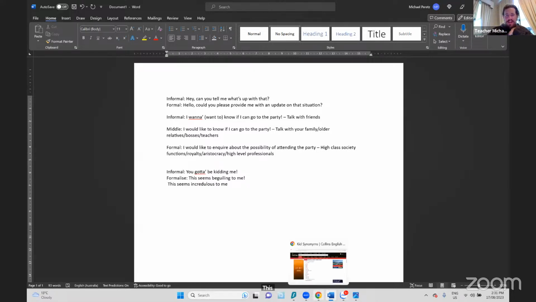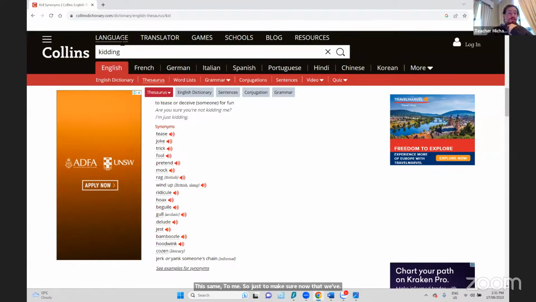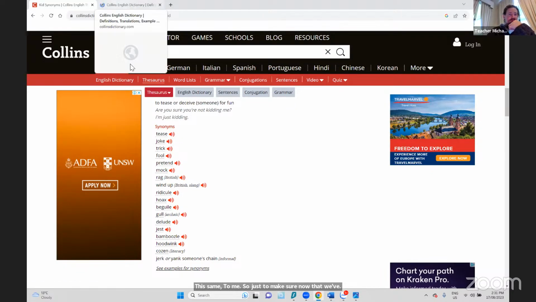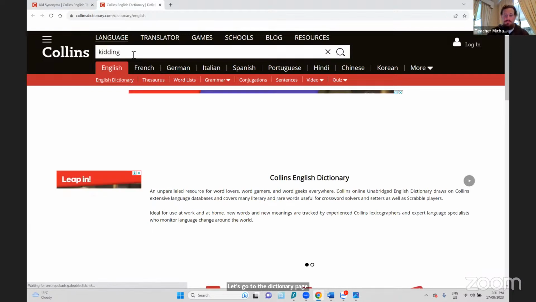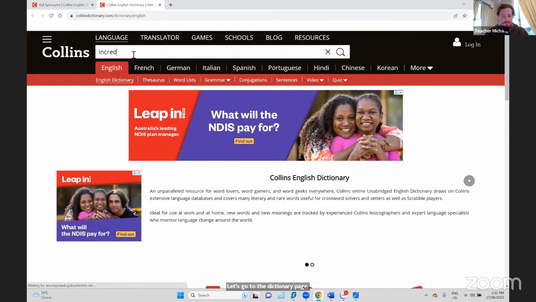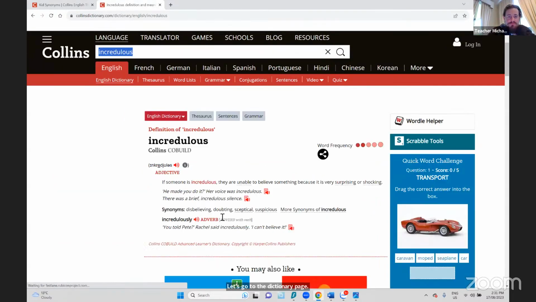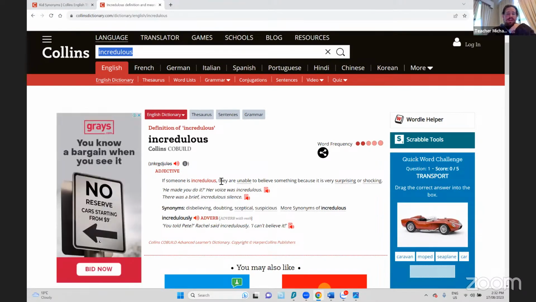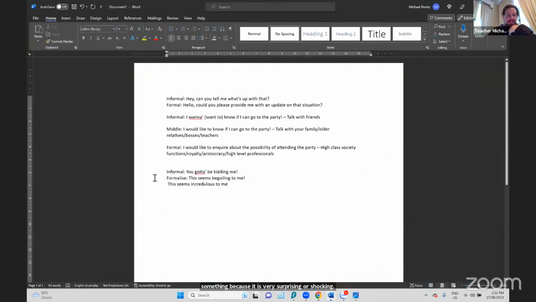So just to make sure now that I've used the word properly, let's go to the dictionary page. So if someone is incredulous, they are unable to believe something because it is very surprising or shocking. So that word can definitely work.